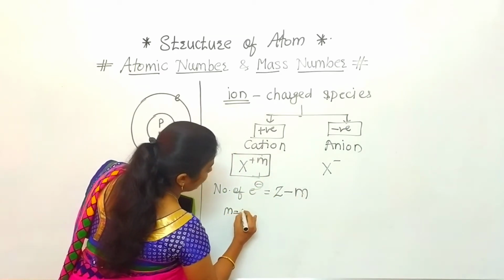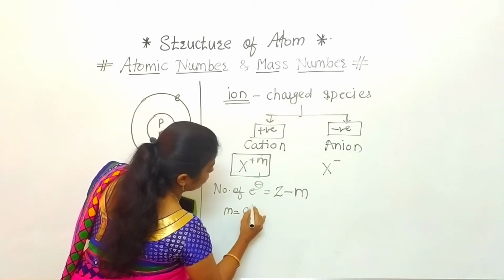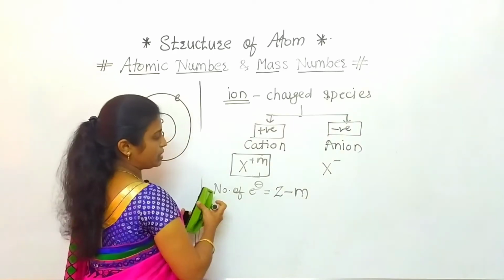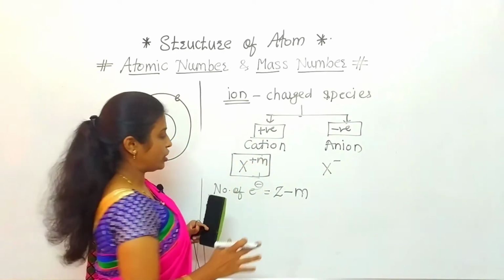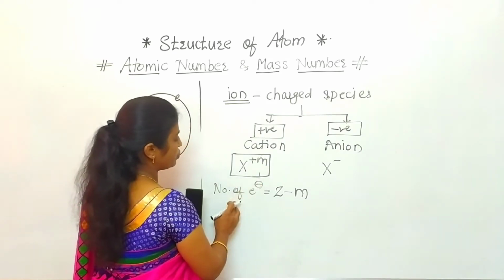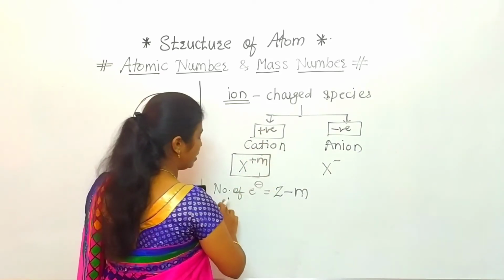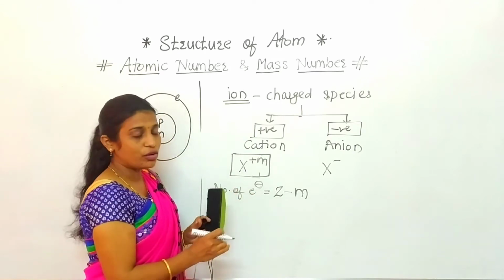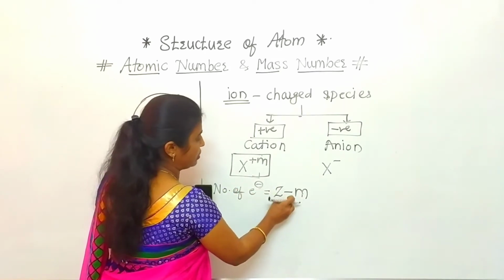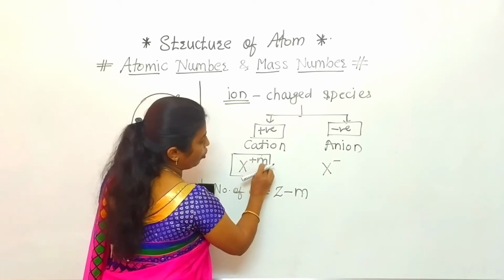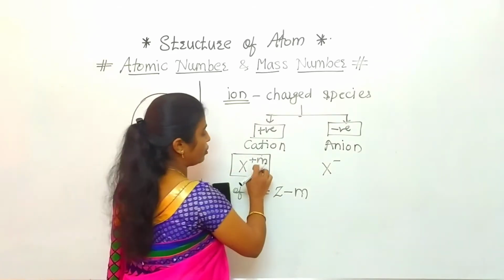M is the number of charge on the cation. Plus is the positive charge, but how much it is, that is the M number of charge. So the number of electrons is equal to Z minus the number of charge.